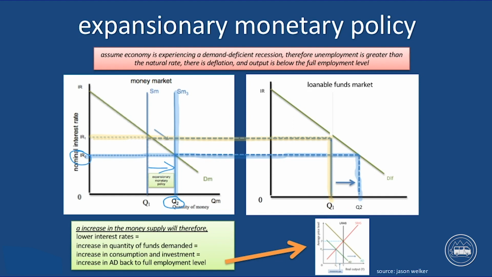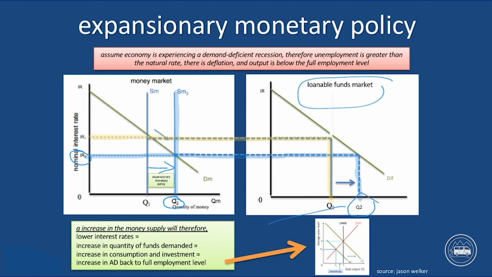Check it out. They lowered interest rates by increasing the supply of money. If you increase the supply of anything, you will lower the price. The interest rate, the price of money, went down. As a result of the price of money going down, there was an increase in the quantity of money borrowed, out to Q2.